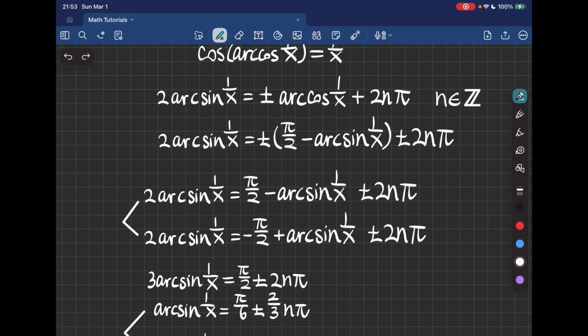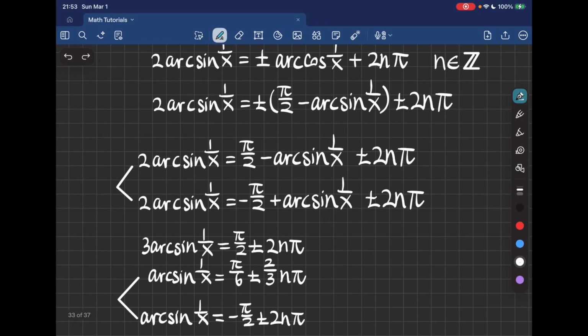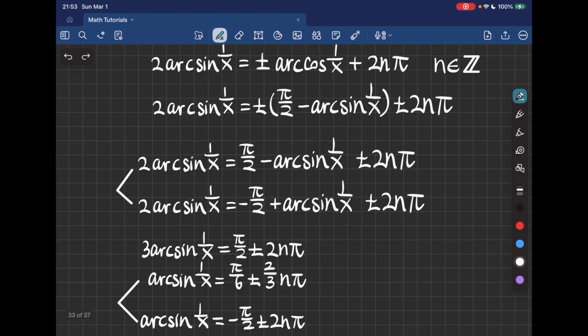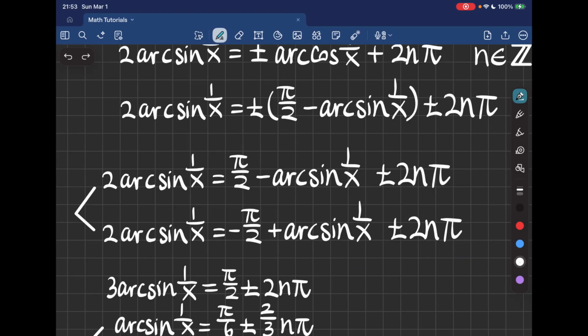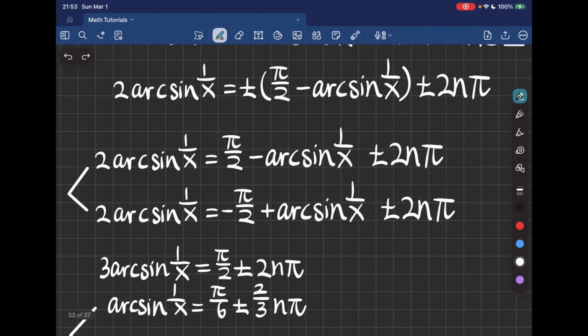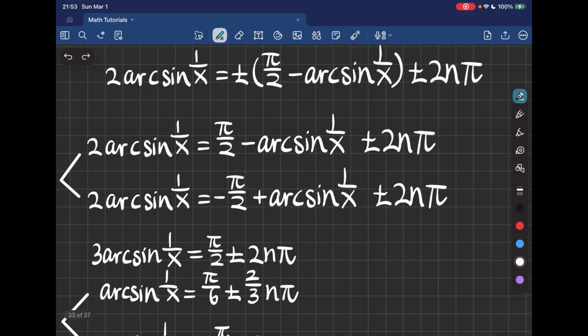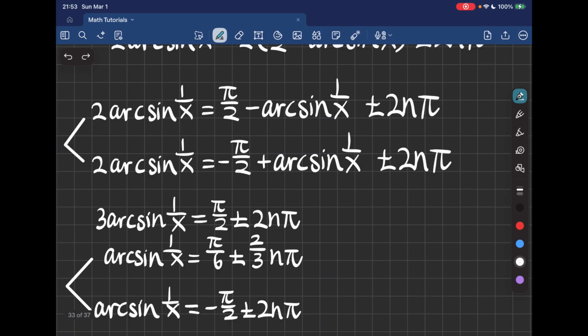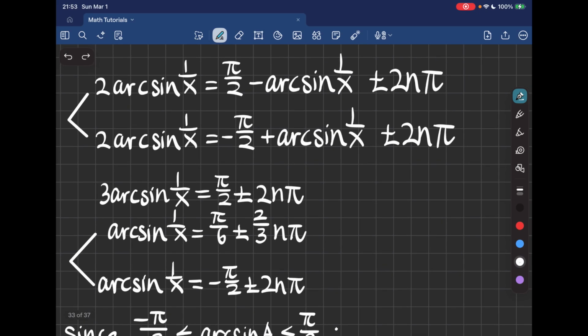So now you have several possibilities of equations. The first is 2 arc sine 1 over x equals the positive one, which equals pi over 2 minus arc sine 1 over x plus or minus 2n pi. This doesn't change because you can shift left or right.